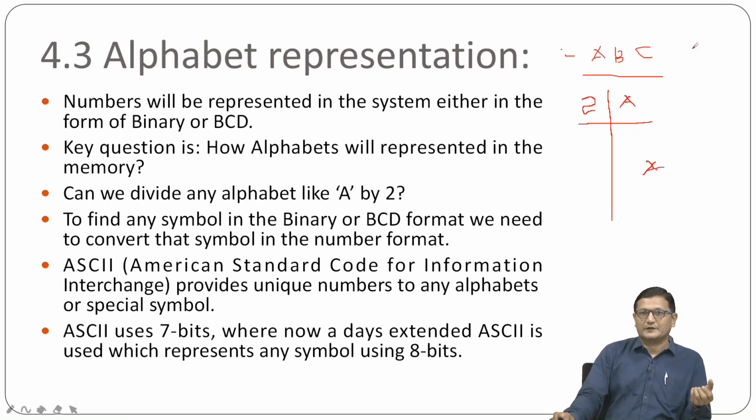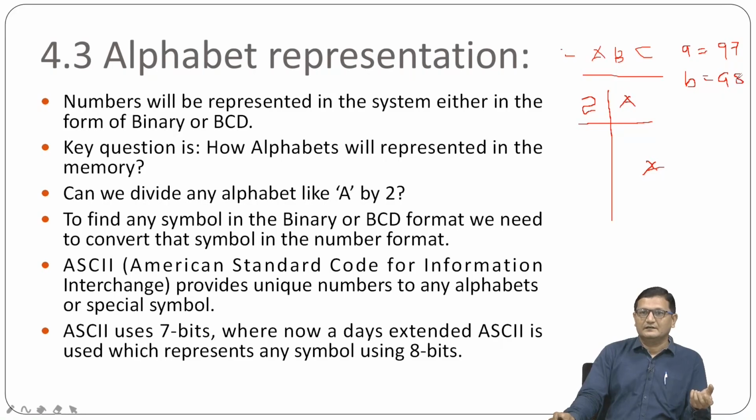Let's suppose you are talking about a small a, so the small a will be represented as 97, okay? Whenever you try to store a small a into the computer's memory, actually the computer stores the binary of 97. Let's suppose you want to store a small b into the computer's memory, at that time the computer stores the binary of 98, okay?